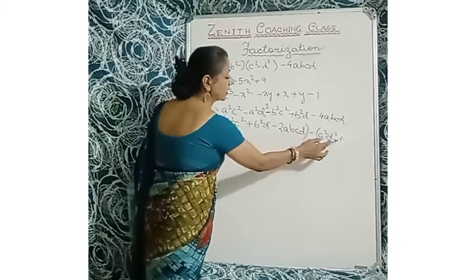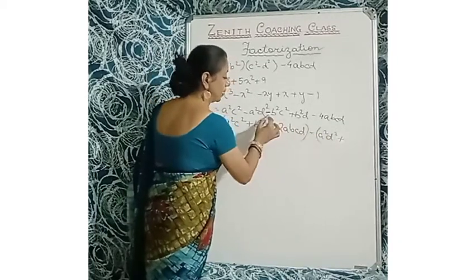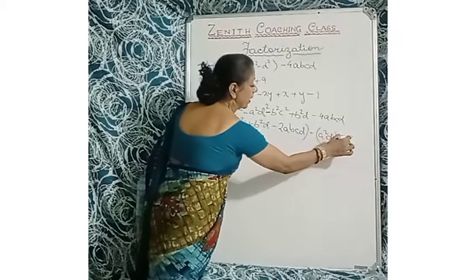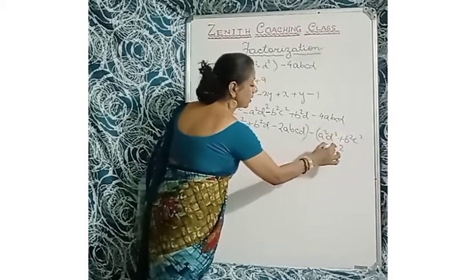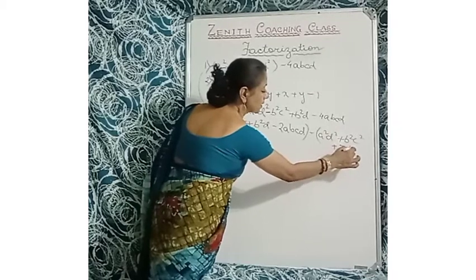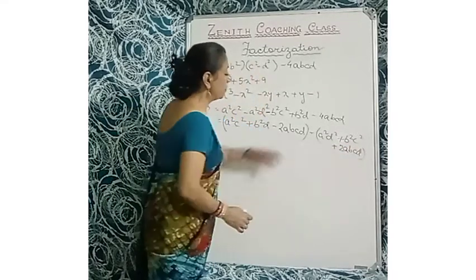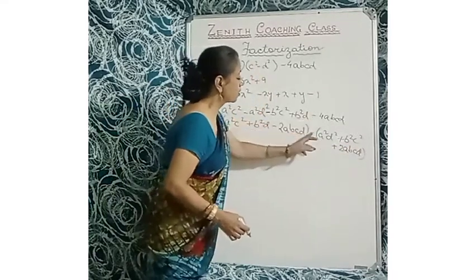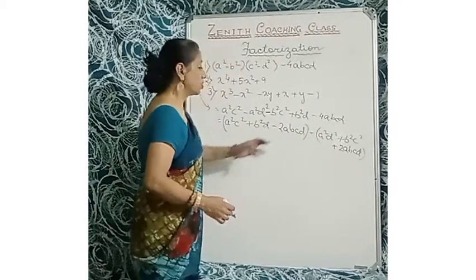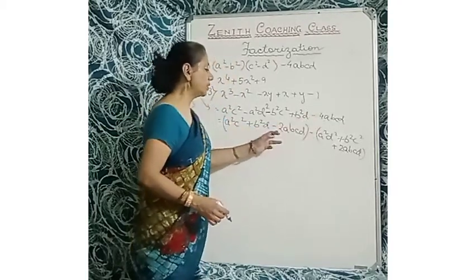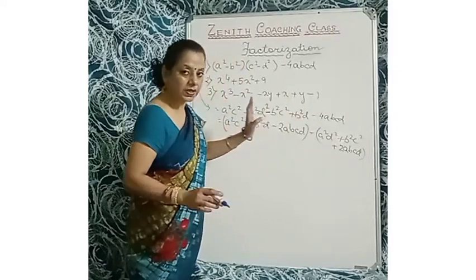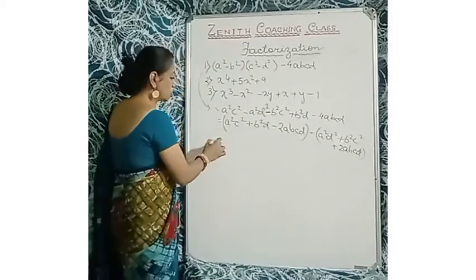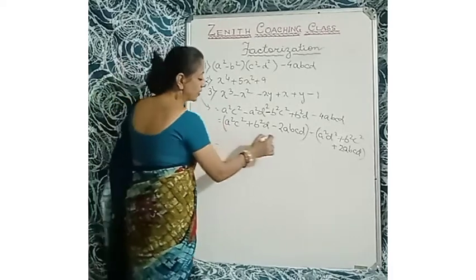Then b square c square plus 2abcd. Why is it plus? Because here is minus and here is plus, so minus. So minus 2abcd and minus 2abcd, so 4abcd is complete.